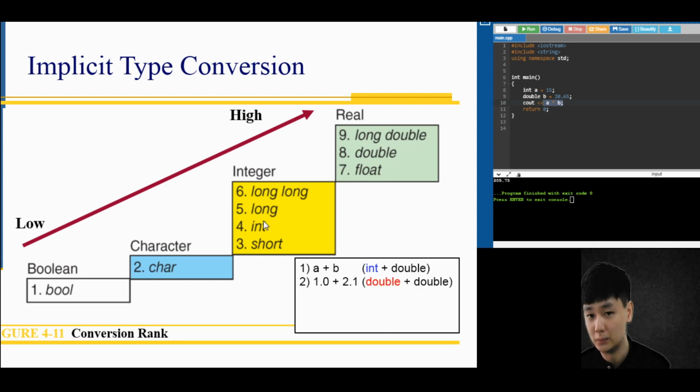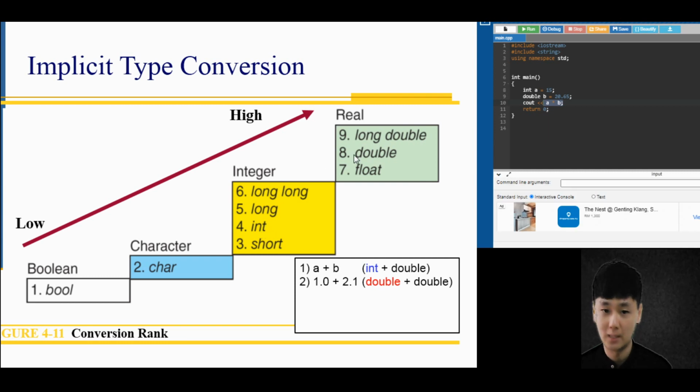So we promote this integer to double. This a will temporarily become 1.0. Then they match, and we can proceed to get 3.1. Once the calculation is done, this conversion is no longer valid, so it will convert a back to integer.